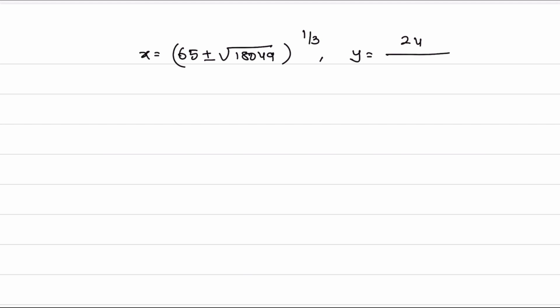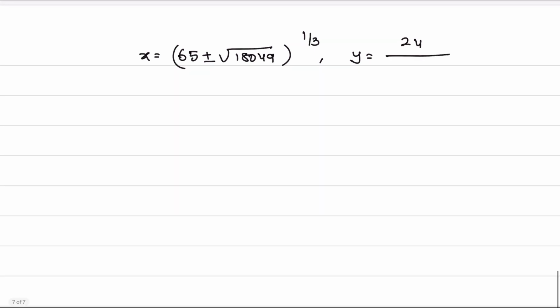X is equal to 65 plus square root of 18049 to the power of 1 by 3, and y is equal to 24 by 65 plus or minus square root of 18049 to the power of 1 by 3.